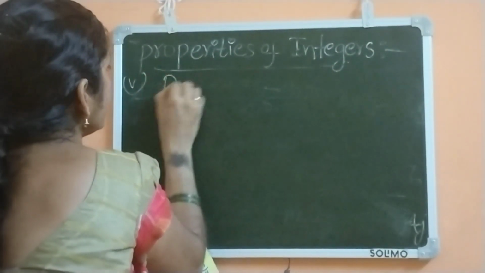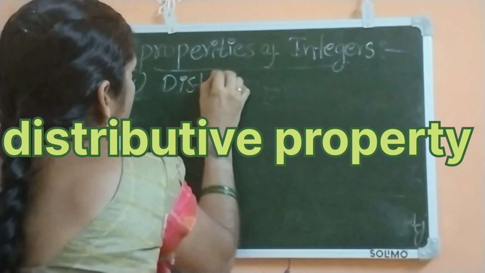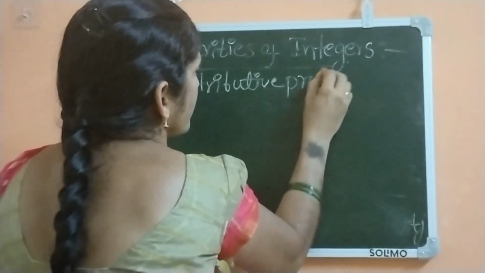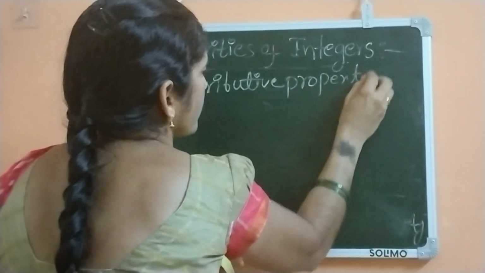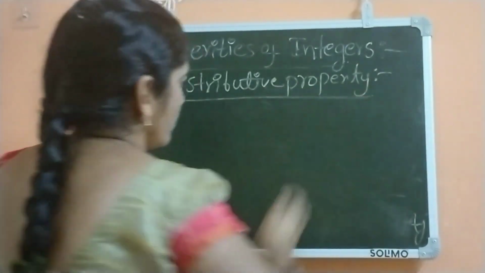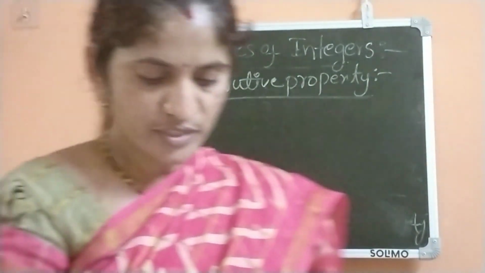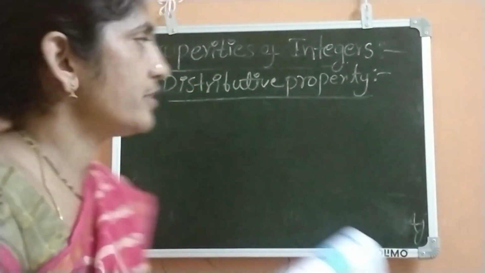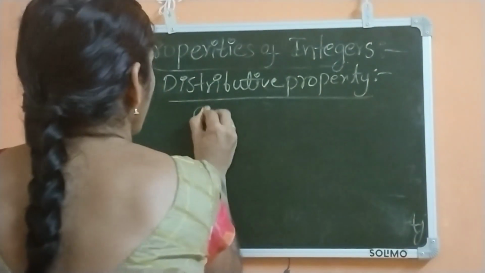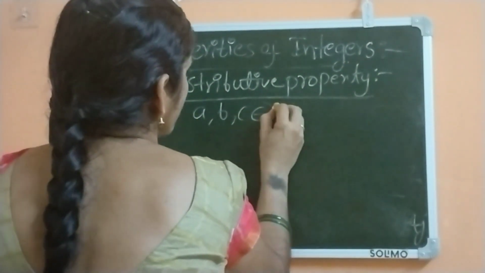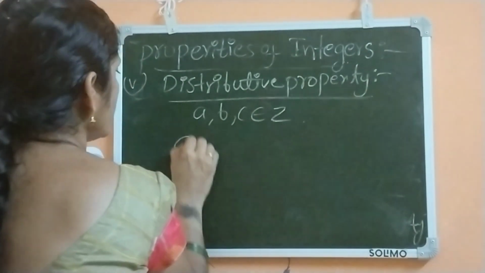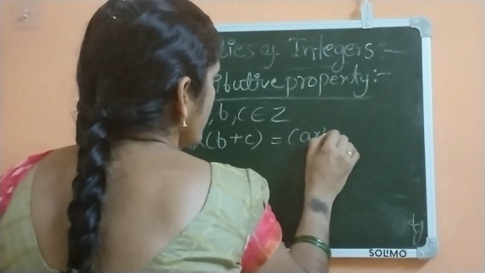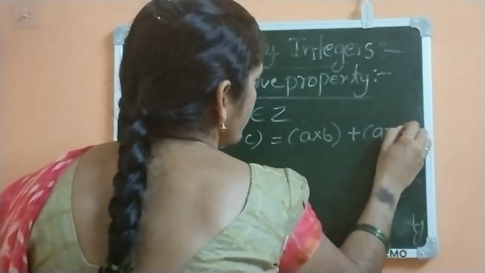Next we are going to discuss the distributive property, one more property of the integer system. Distributive property means, if we take any three integers a, b, c belonging to Z, we can write the distributive property as a into (b plus c) equals a into b plus a into c.